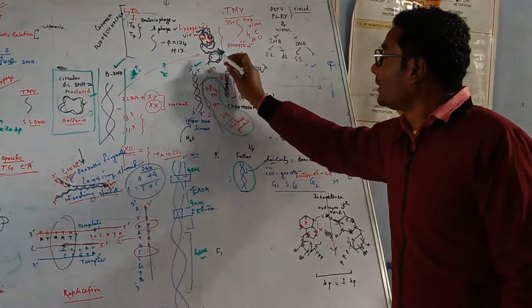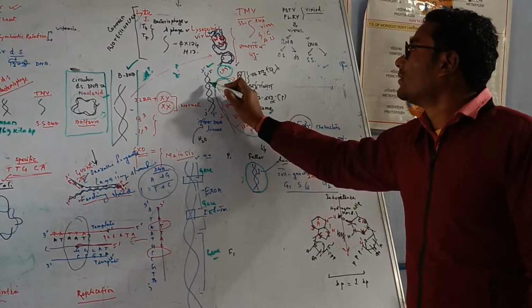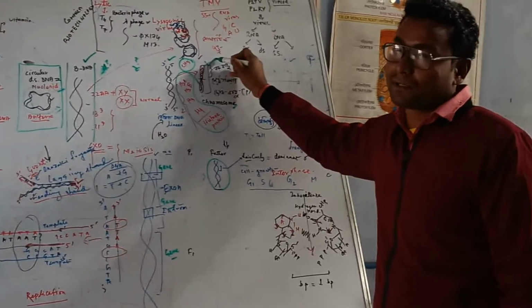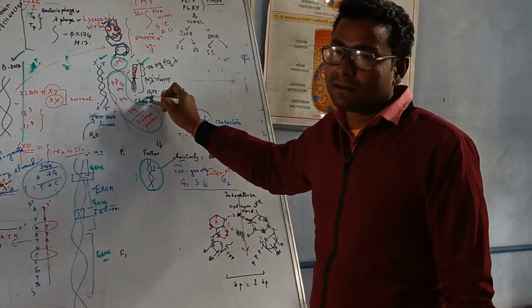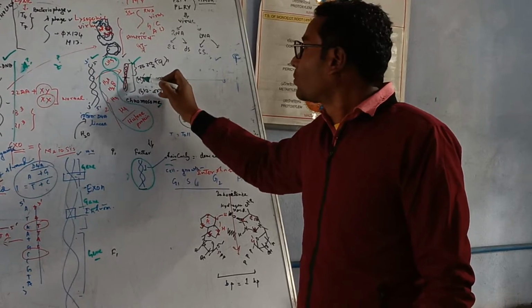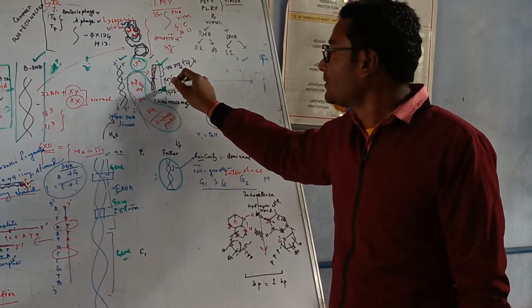Here, methylation of these nucleotides makes it condense. So methylation means the chromatin will now form chromosomes with the help of histone and other proteins.